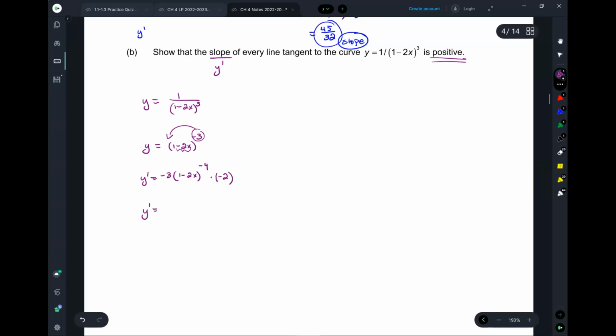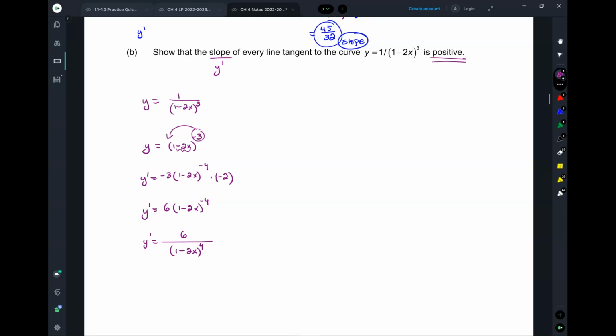So y prime is multiplying the coefficients, negative 3 times negative 2, positive 6, times this. Okay, I can't have negative exponents. I got to move it down. 6 is okay to stay. That other one moves down. Okay, so I found the derivative.